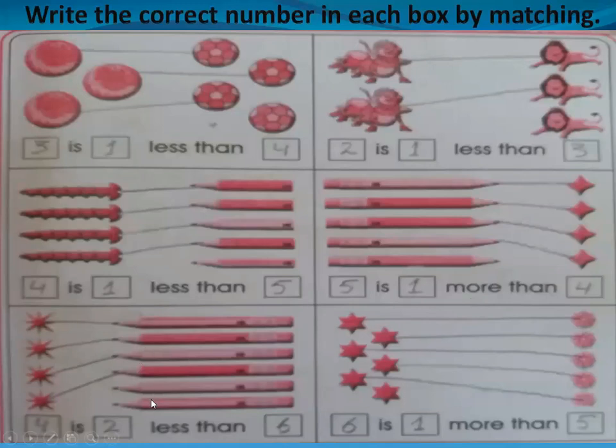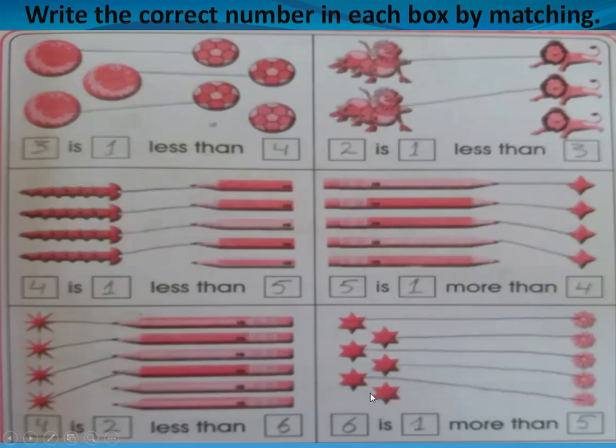How many stars? 4. So 4 is how many left? 2 pencils are left. So 4 is 2 less than 6. The total number of pencils is 6: 1, 2, 3, 4, 5, 6. So 4 is 2 less than 6. And how many stars are higher? 6.